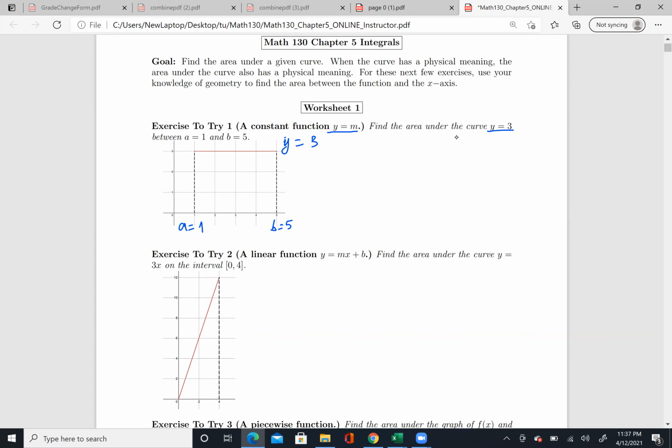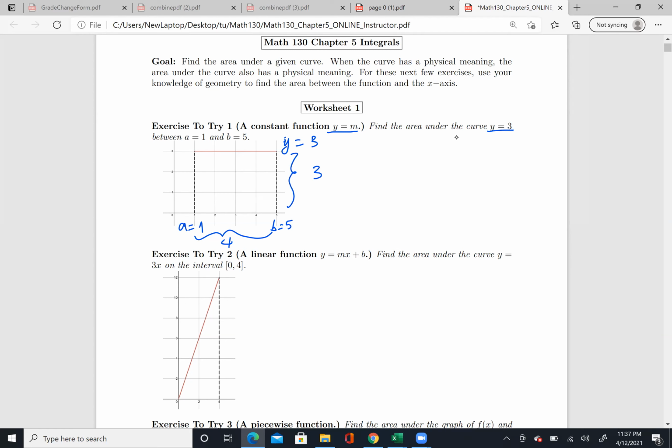And you see that this is a rectangle that has the height of 3 and the base of 4, right?